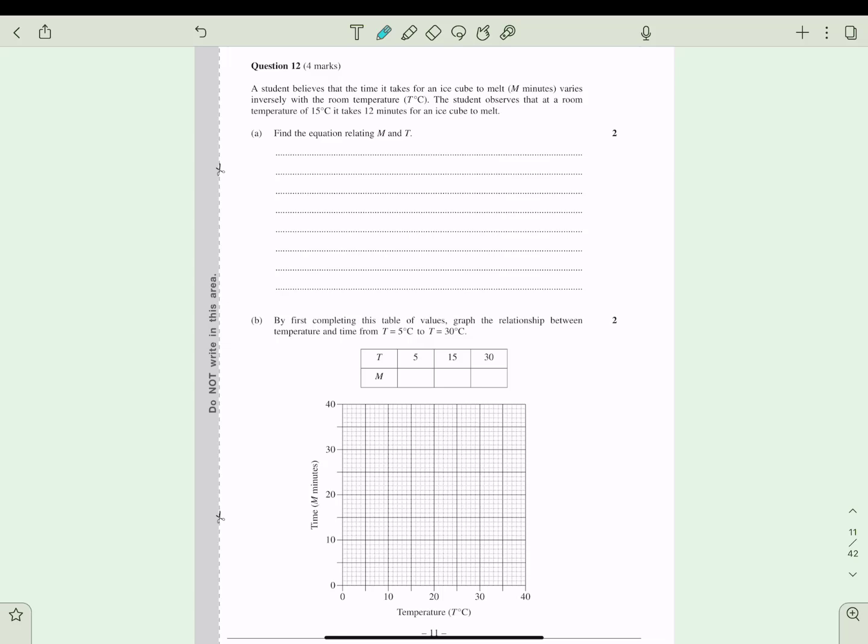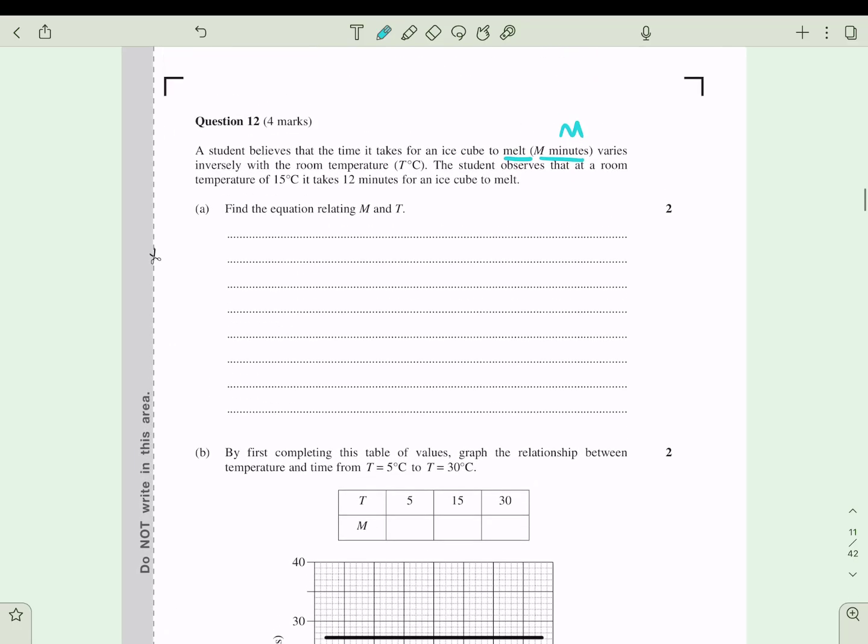Question 12. A student believes that the time it takes for an ice cube to melt in m minutes, so m stands for time, varies inversely with the room temperature, which is in T degrees Celsius. The student observes that at a room temperature of 15 degrees, it takes 12 minutes for an ice cube to melt. The key word here, which we should have highlighted first actually, was inverse.